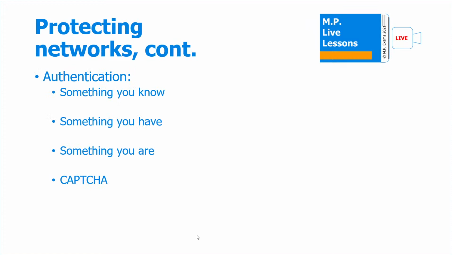Now, some other ways you could protect networks could be through authentication. There are three ways of authentication. Something you know. So these are often passwords. These could also be like PINs, answers to secret questions, and so on.